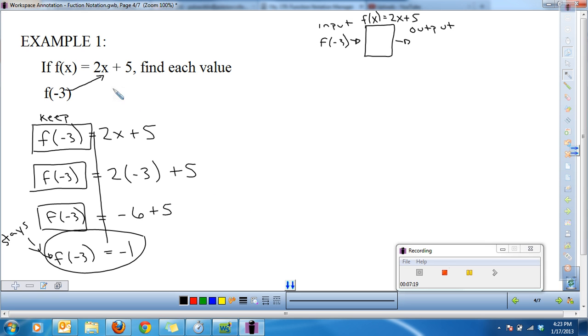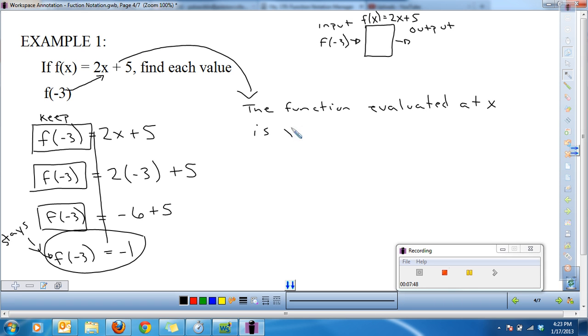The other thing we want to do is make sure that we can write in words what this means. So first of all, what this function right here is saying is that the function evaluated at x is 2x plus 5.